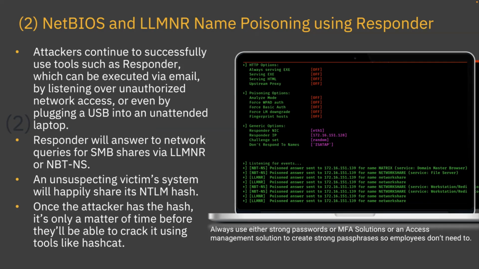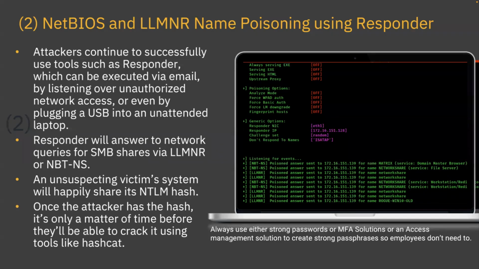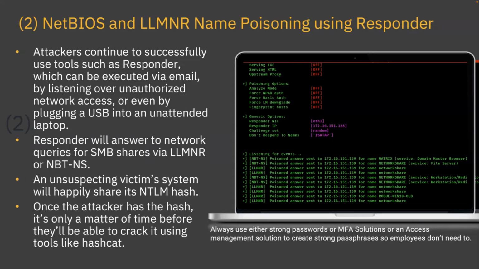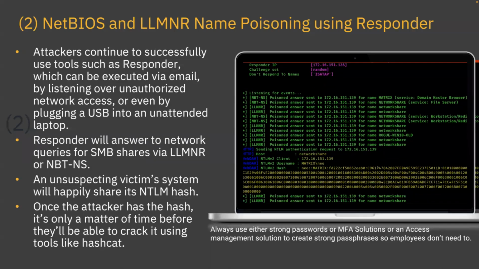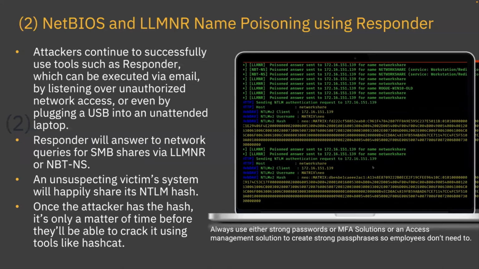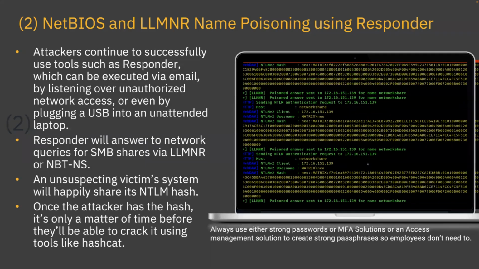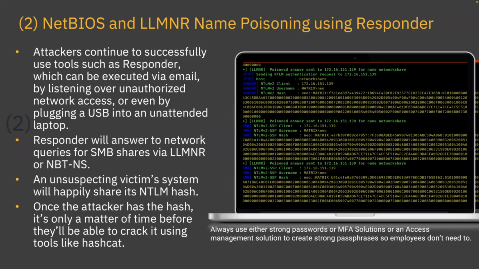An unsuspecting victim system will then happily share its NTLM hash. The NTLM hash, of course, allows the attacker then to replay that hash and potentially get access to the system. And again, it's all based on passwords. So if you're using MFA, it would thwart this type of attack.